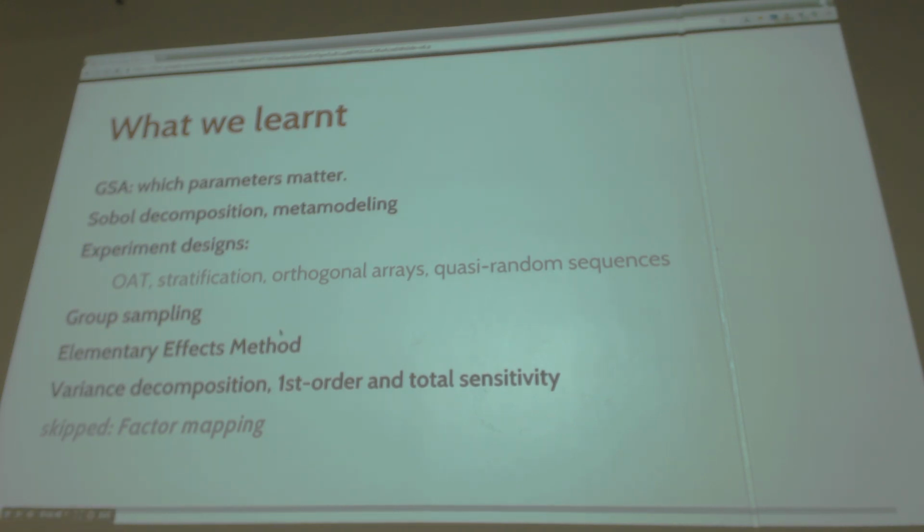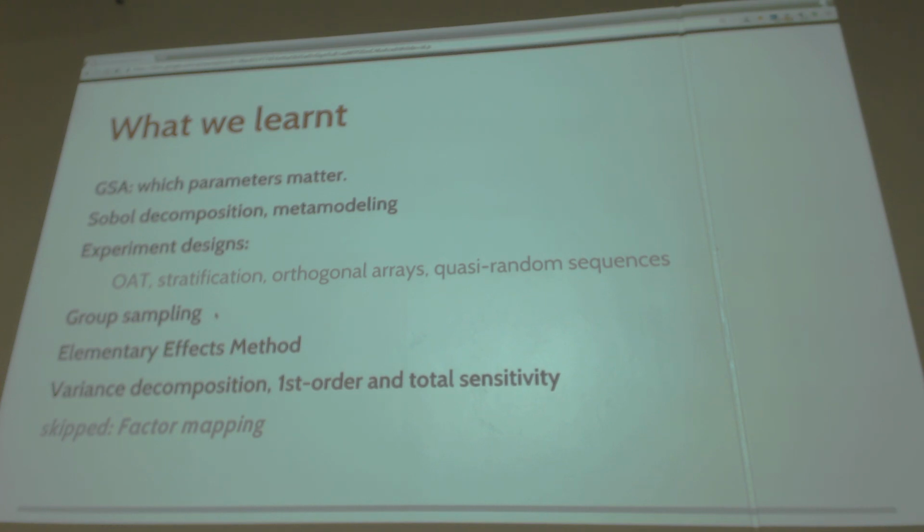We discussed the group sampling techniques, which allow us to quickly filter out a lot of unimportant parameters in a way similar to how fake coin detection works in a small number of weighings. And indeed, the really good way to do that is to employ combinatorial group testing methods, but I don't know what they are.